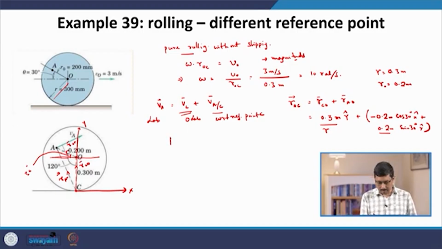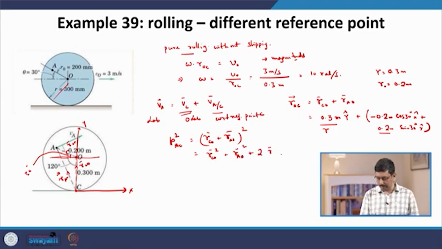Then RAC square will be RCO plus RAO square, which is RCO square plus RAO square plus 2 RCO dot RAO. So, this will give us R square plus R naught square plus 2 times the dot product.